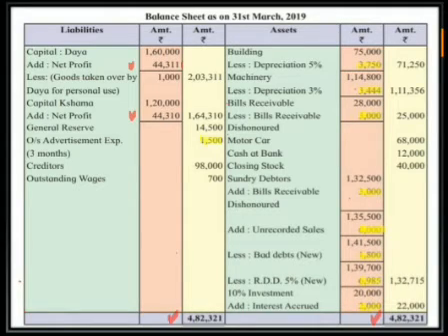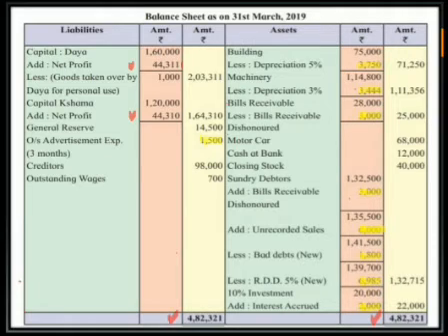I told you to leave many lines because we have to give so many adjustments over here. First the bill dishonored, so we have added, then unrecorded sales we have added, the bad debts new we have deducted. New means it is given in the adjustment. Then RDD, reserve for doubtful debts, at 5% we have deducted. It is also given in the adjustment.